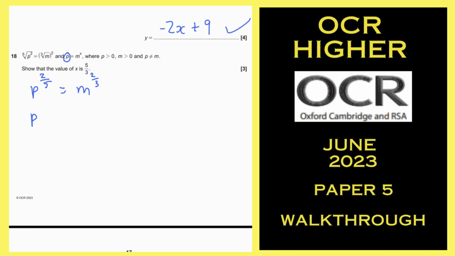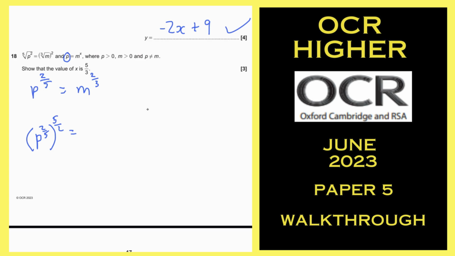So let's pretend we've got it in that form, and we're going with the same logic. We want p equals. Now, to get rid of a power of 2/5, you basically multiply it by the reciprocal. You raise it to the power of the reciprocal, it's power to a power.